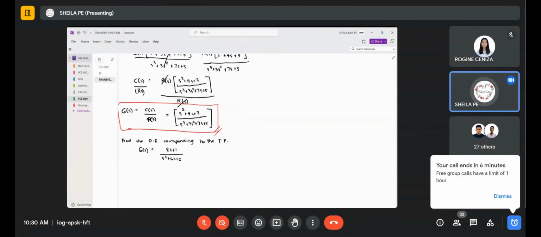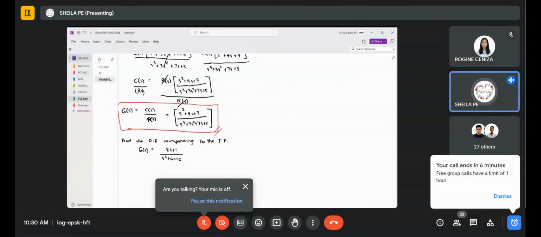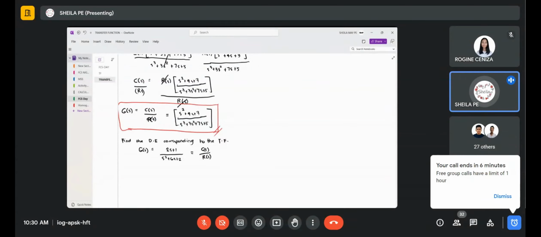Okay, going back. So if we have G(s) equal to 2s plus 1 over s squared plus 6s plus 2, in getting the differential equation for this given transfer function, we can use G(s) equals C(s) over R(s), which is basically equal to 2s plus 1 over s squared plus 6s plus 2.